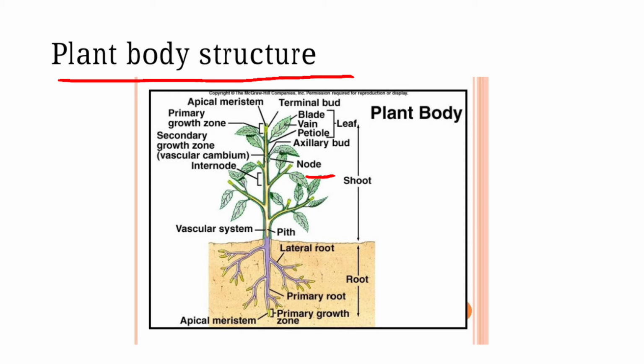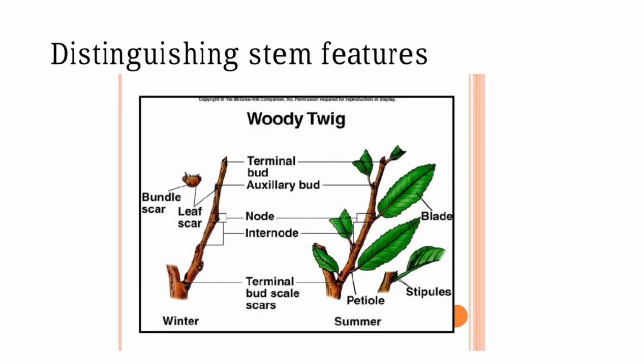We have the internodes, the terminal buds up there, the axillary buds, and very many others, as we shall see in this more detailed diagram here that brings them out clearly.